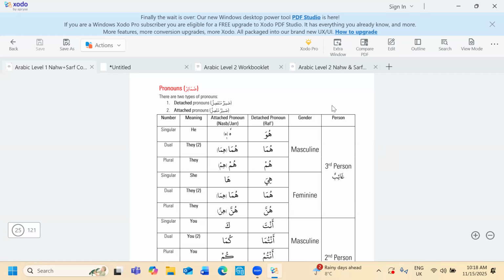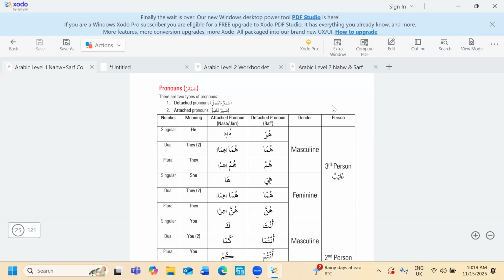So you don't look at the haraka at the end. What you look at for pronouns is: is it attached or is it detached? If it's detached, it's going to be rafa. If it's attached, your answer is going to be nasb or jar based on the context.